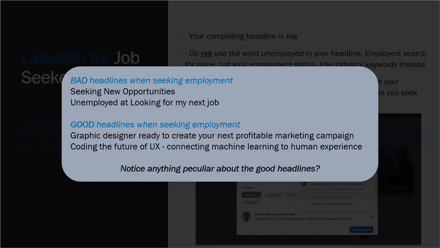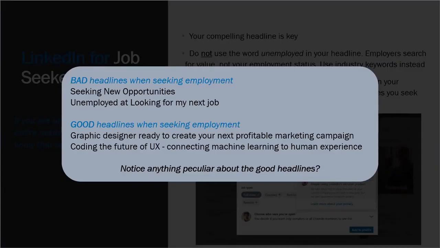So bad headlines when seeking employment would be something like seeking new opportunities, or unemployed and looking for my next job. It sounds really silly, and it's a really bad thing to say as well. Rather say something like graphic designer ready to create your next profitable marketing campaign. If you're a graphic designer, that kind of shows it, where you're saying ready to create.